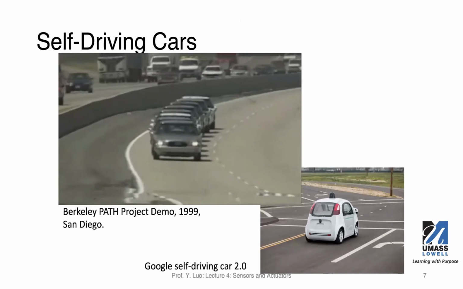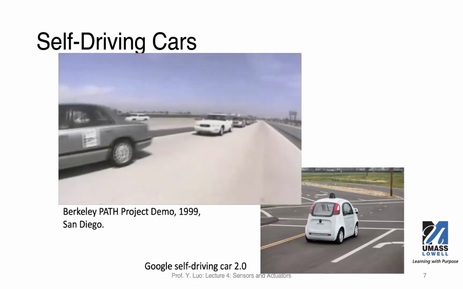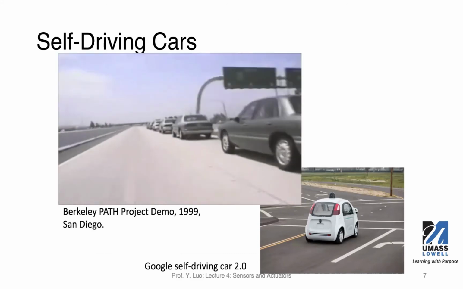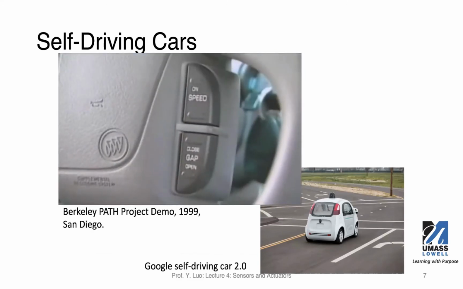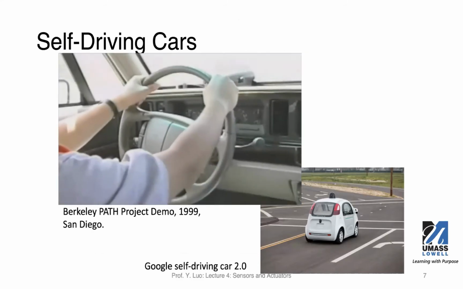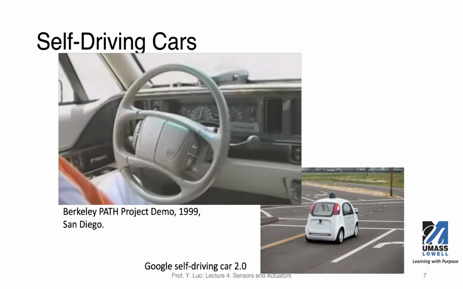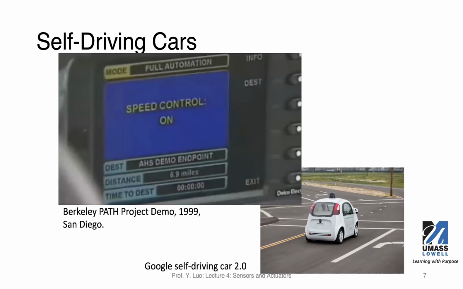On the top, I hope you can see this video. This shows a very early project. Basically 20 years ago, UC Berkeley had this research project that they modify the cars with sensors and write control software to implement this self-driving.